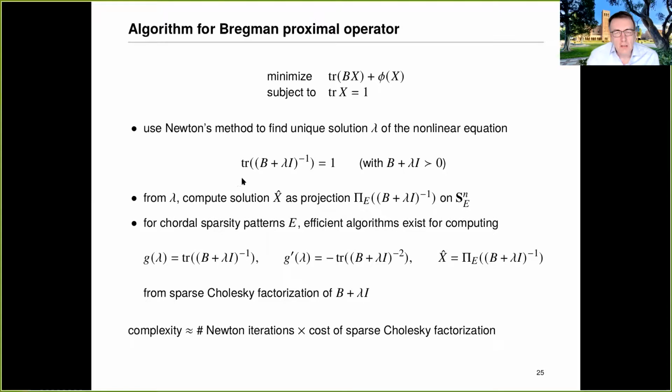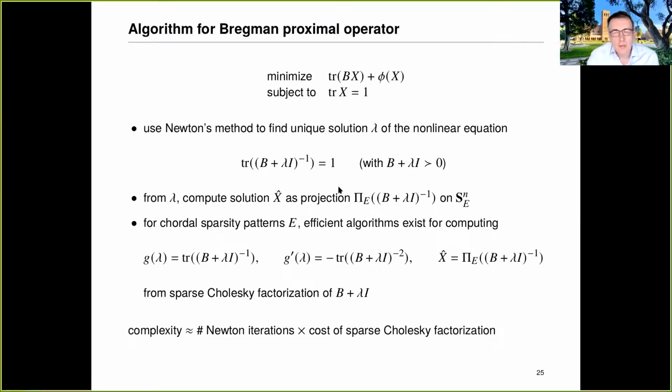If we assume the sparsity pattern is chordal, then there exist efficient methods for computing all the quantities you need in a Newton iteration for this, even when the dimension is very large. You can easily compute the trace of the inverse of the matrix without computing the full inverse, very efficiently. We can also compute the derivative, which would be the trace of the square of the inverse.